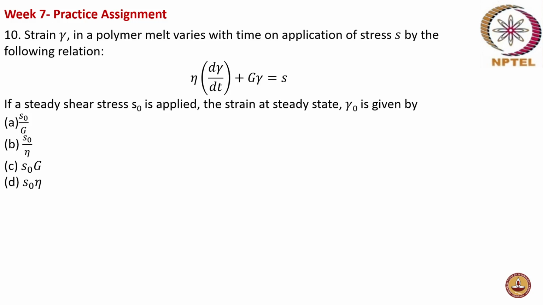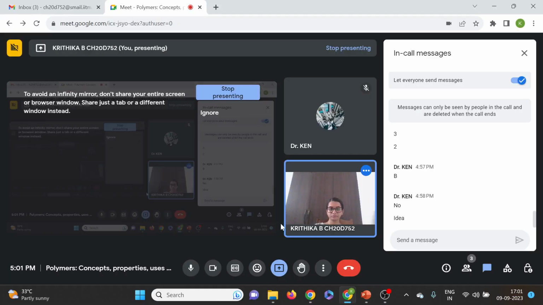If a steady shear stress S0 is applied, the strain at steady state is gamma naught, and it is given by S0 by G, or S0 by eta, or S0 into G, or S0 into eta? Which of these?